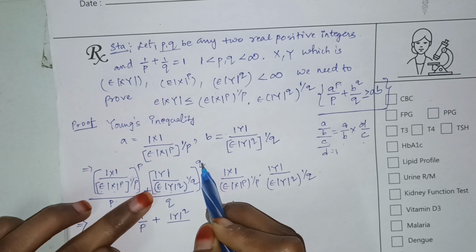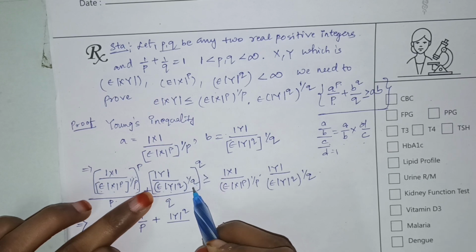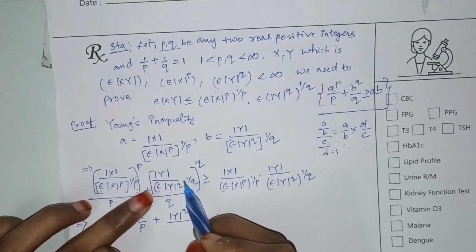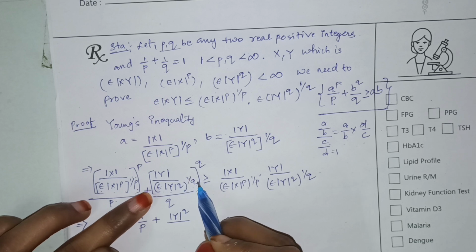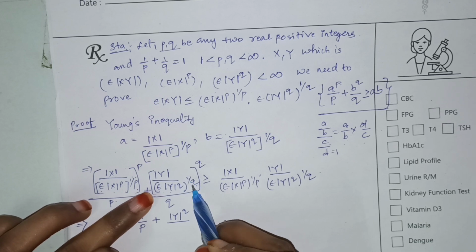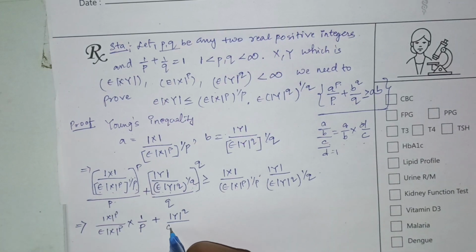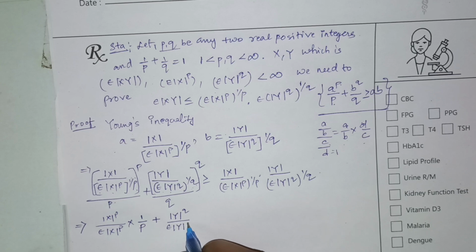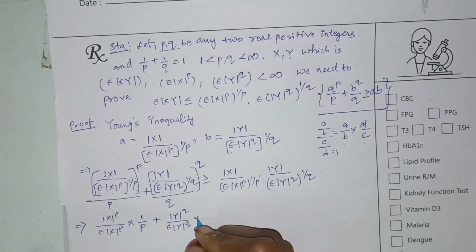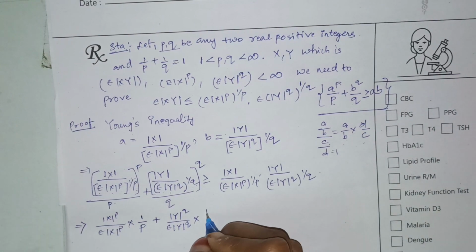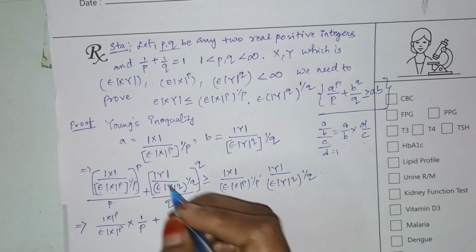So if you multiply this q divided by q, we can cancel numerator q and denominator q, therefore you get power 1. So you have expectation of mod y to the power of q, and I can write this denominator q as 1 by q.